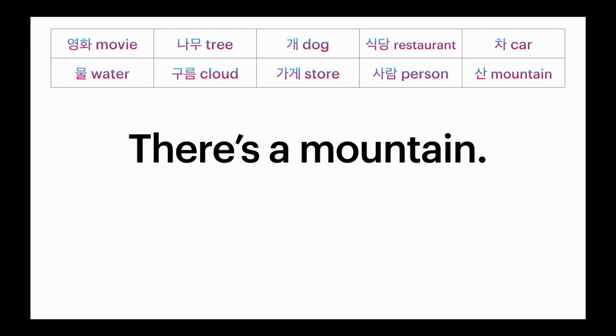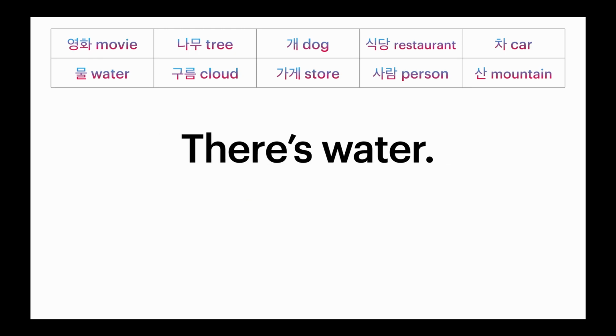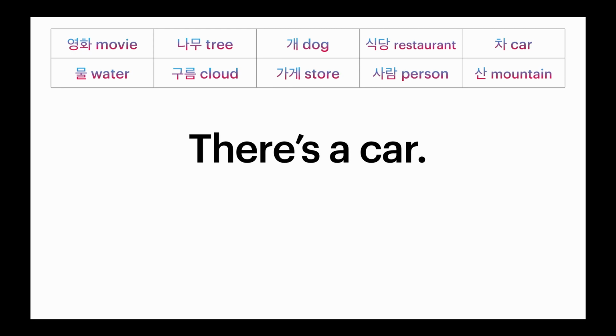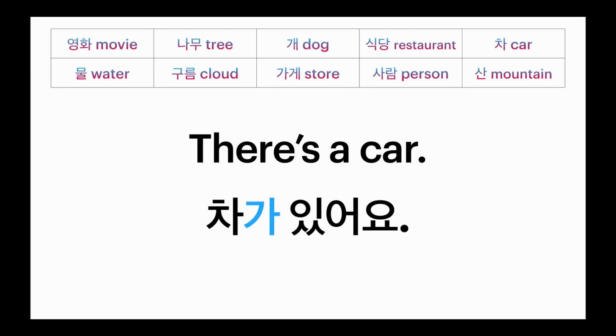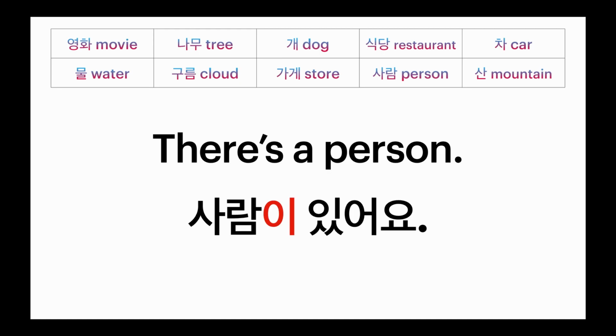There's a mountain. 산이 있어요. There's water. 물이 있어요. There's a car. 차가 있어요. There's a person. 사람이 있어요.